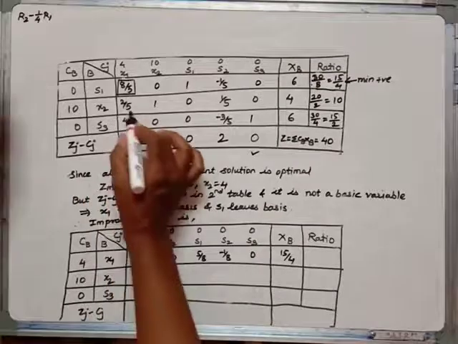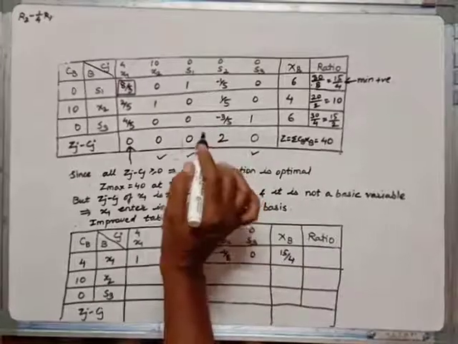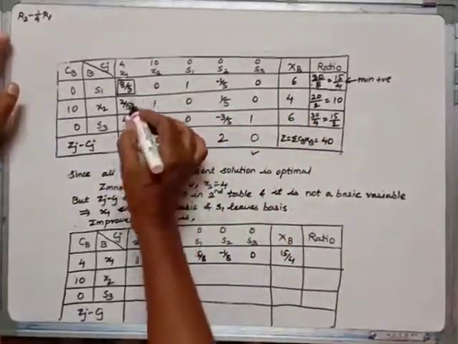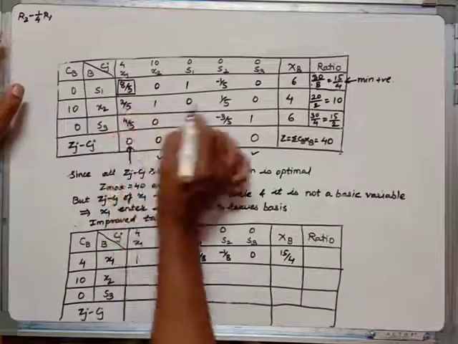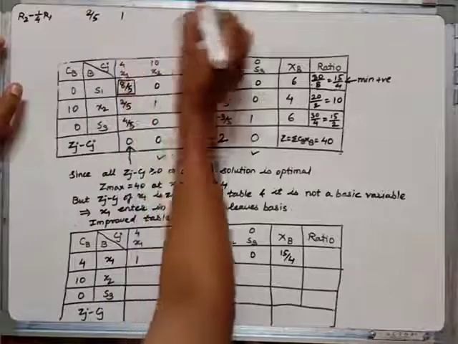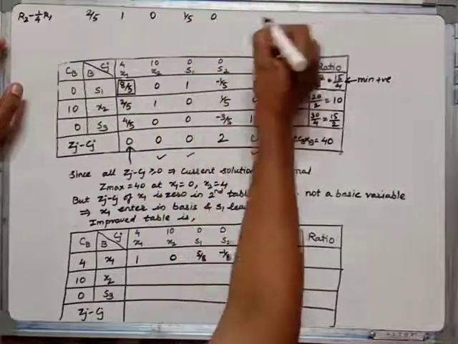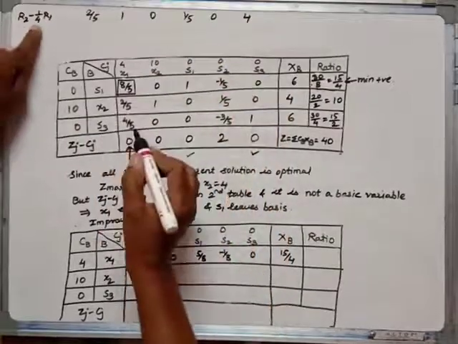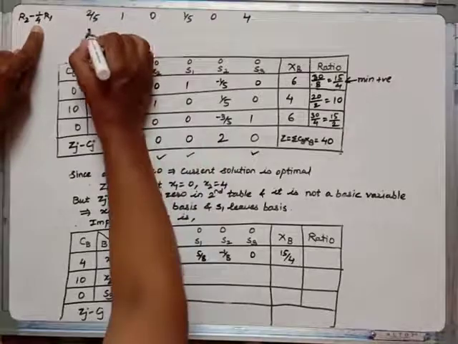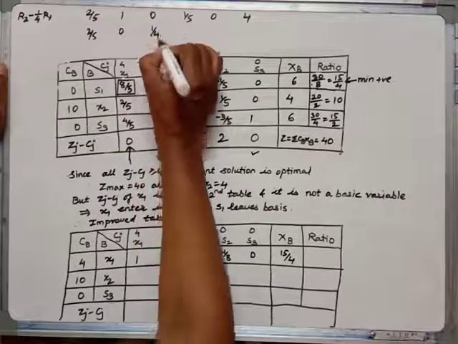So let me write down all the entries, just like previously when I made this table, so that there is no need to memorize it. So let me write R2. It is what? 2 by 5, 1, 0, 1 by 5, 0 and 4. Now let us multiply by 1 by 4 to this R1. We get here 2 by 5, 0, here 1 by 4. Okay.